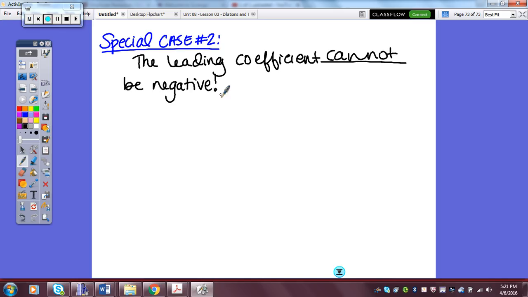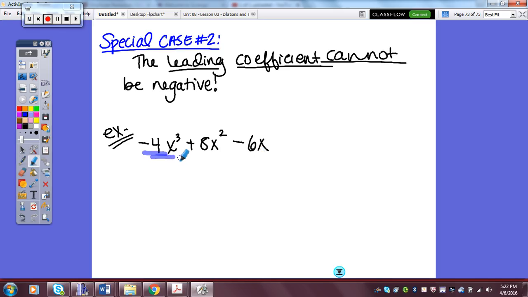So if my leading coefficient is negative, I have to take out a negative GCF. Okay? Leading coefficient. So if I write down an example, let's talk about leading coefficient. Negative 4x cubed plus 8x squared minus 6x. My leading coefficient means it's my first term. Okay? My first term can't be negative. So when it is negative, my GCF is going to be negative, whatever else comes out.